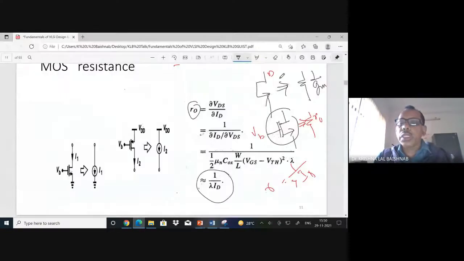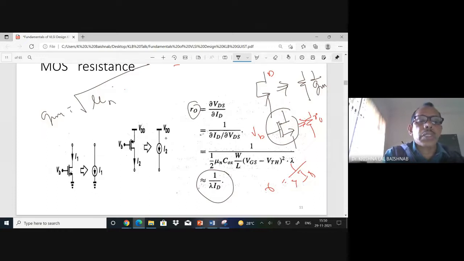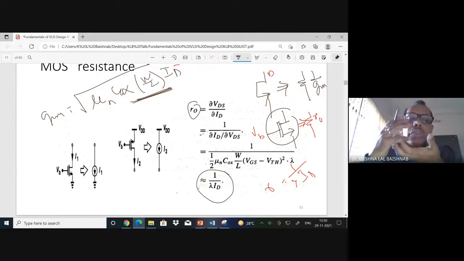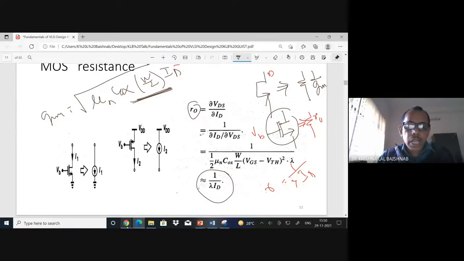Gm is equal to mu n Cox, W by L, into ID. So this is a deciding factor for how much area is needed for the MOS. If I use less W into L, it will take less area.